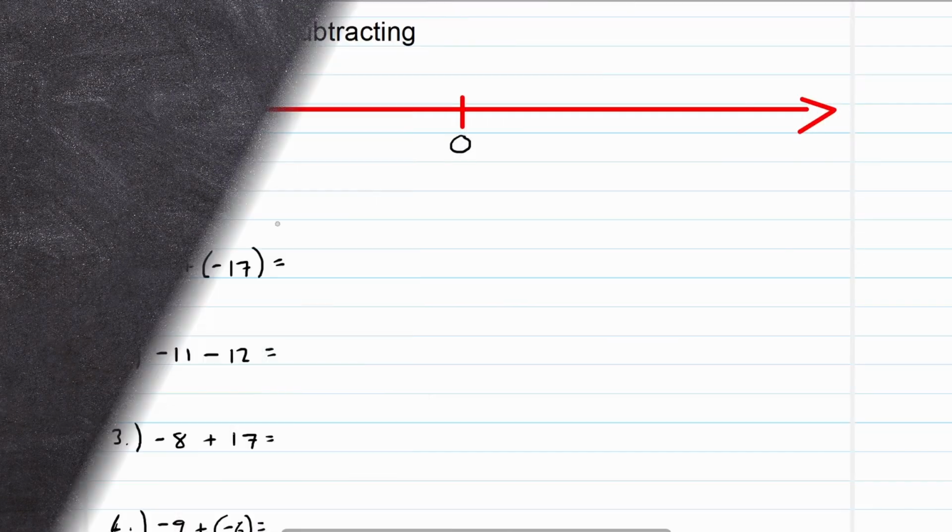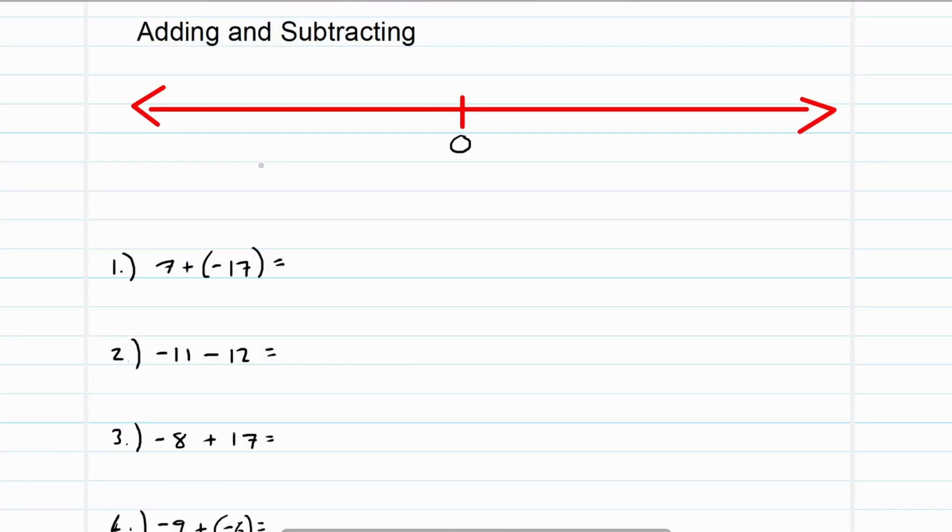Hi fellow problem solvers, so let's look at adding and subtracting integers. The first thing you need to notice, and I want you to practice and say this out loud with me. A plus times a plus is equal to a plus.